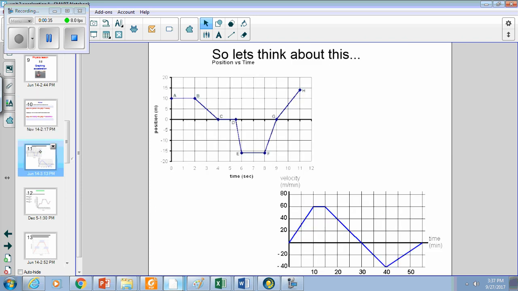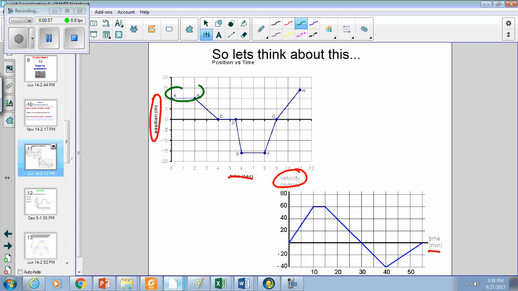So what that means, if we look at these two graphs, over here we have a position-time graph, and over here we have a velocity-time graph. With this position-time graph, we can see our position hasn't changed.